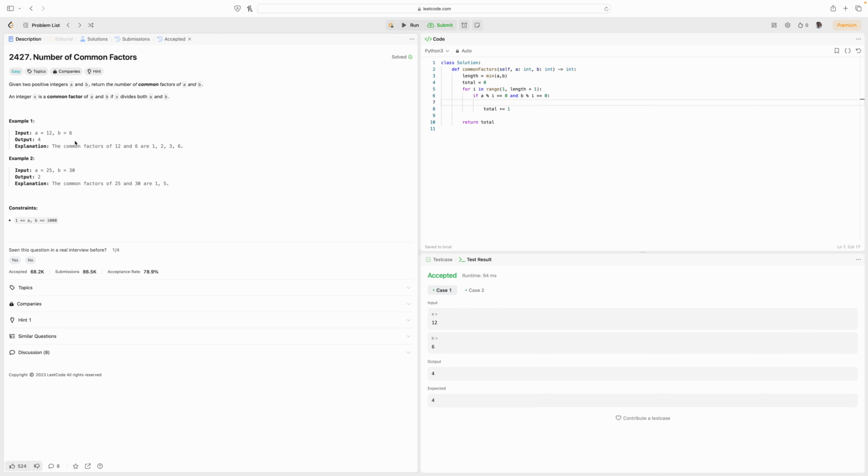Yeah, I know there's some trick. There's some optimization to be done, I know for sure. If it's 25, you can modulo it by 5.